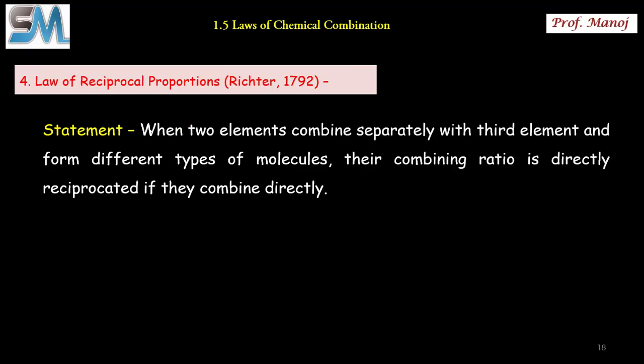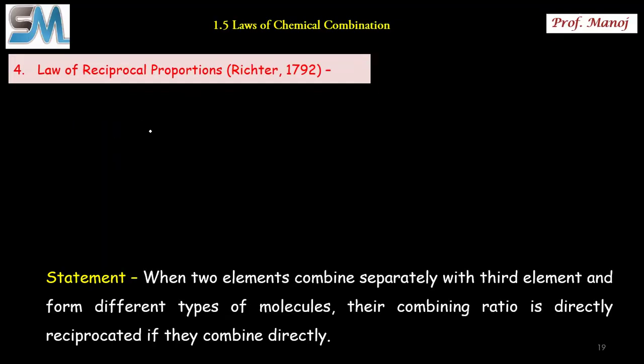When 2 elements combine separately with a third element to form different types of molecules, their combining ratio is directly reciprocated if they combine directly. Once again, a complicated statement. Let us take this with an example.